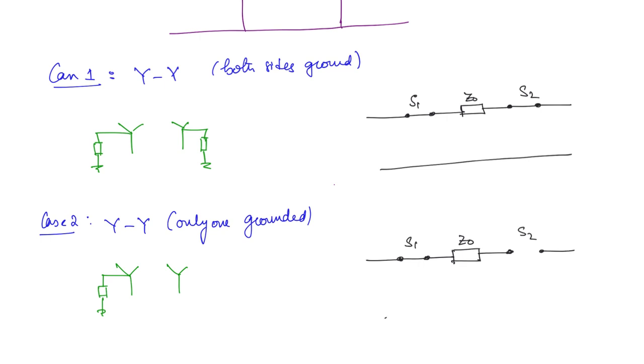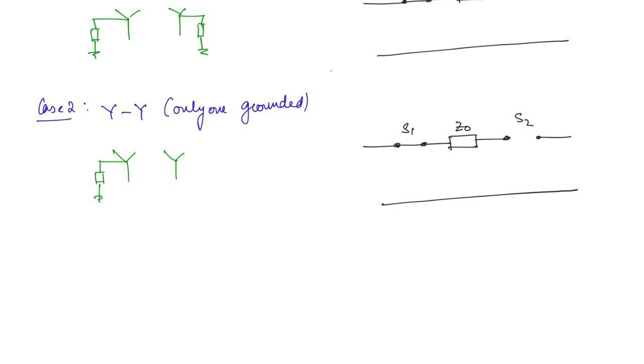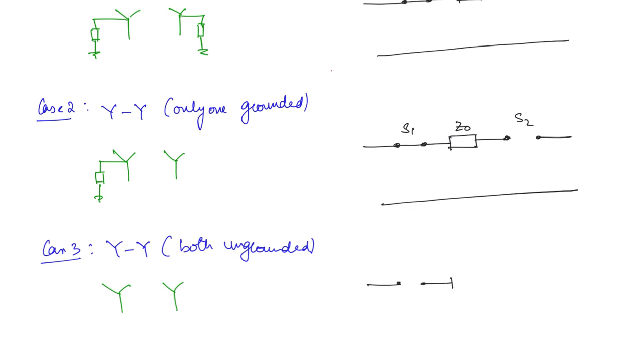S3 and S4 are also open. Next, case 3 is both are star but both sides ungrounded. Here no switch is going to be closed. All of the switches are going to be open.